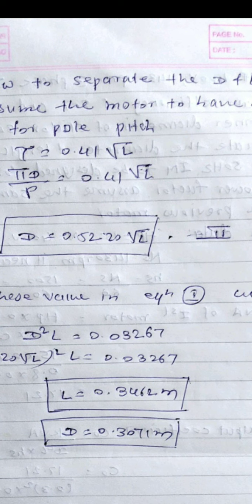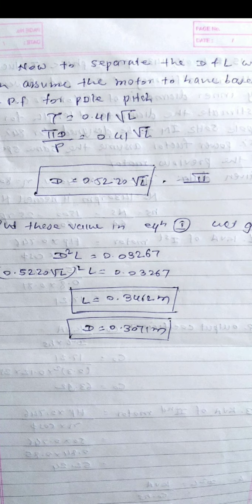Put the value of d and calculate first the length L, which is 0.3462 meter. Now put that L value in equation number 2 and calculate d, and it becomes 0.3071 meter. Like that we solve this example.